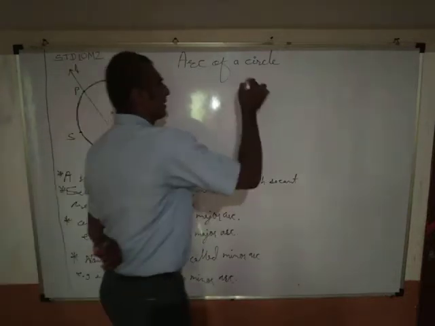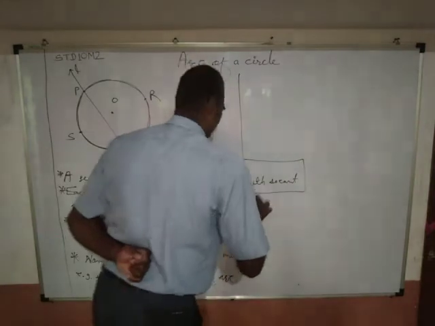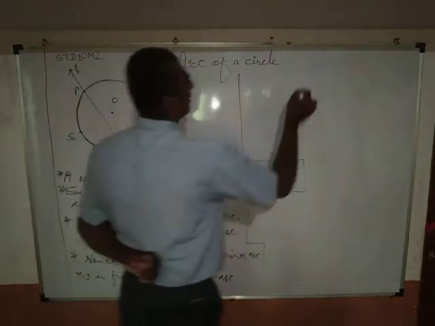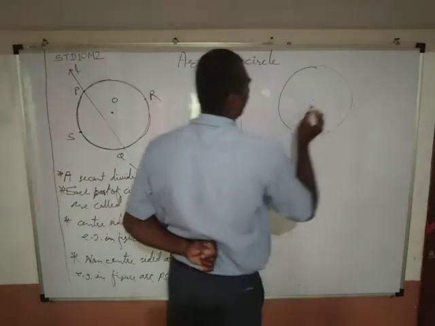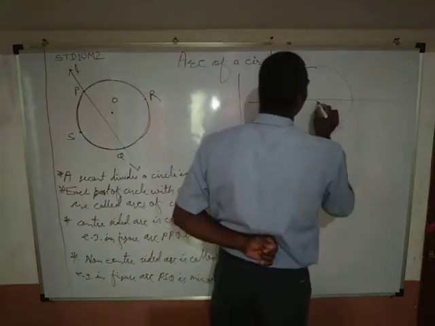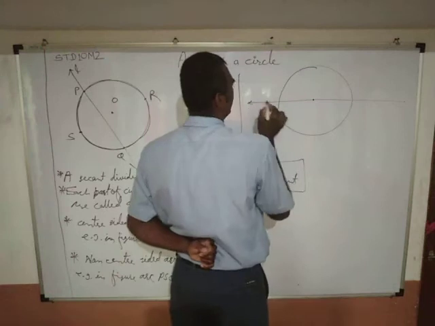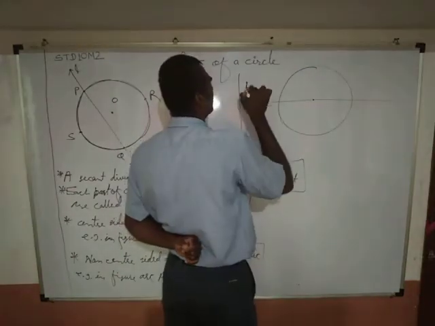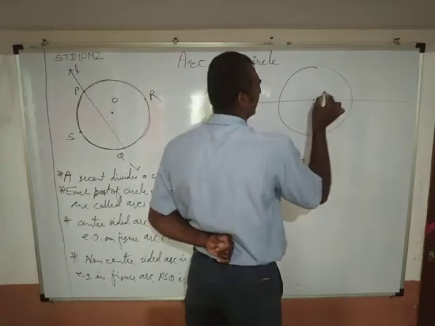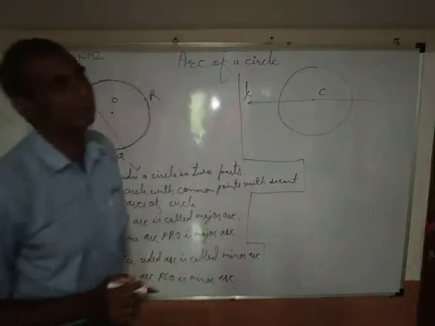Okay, now let's see what happens if secant passes through center of circle. Now you may note, if secant passes through center of a circle, let us suppose secant K passes through center C of a circle.